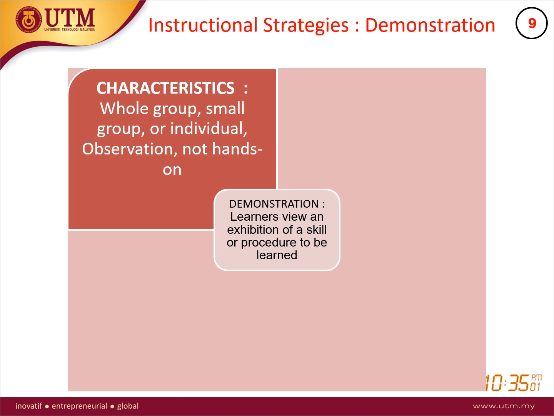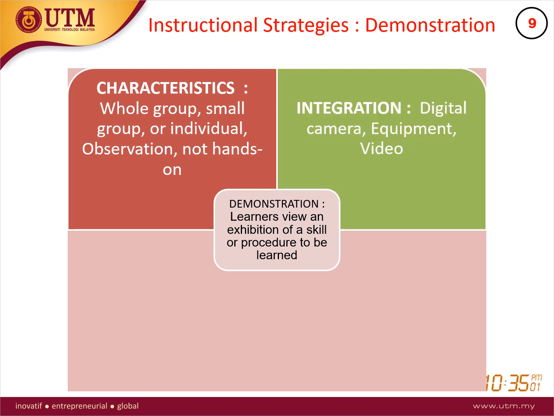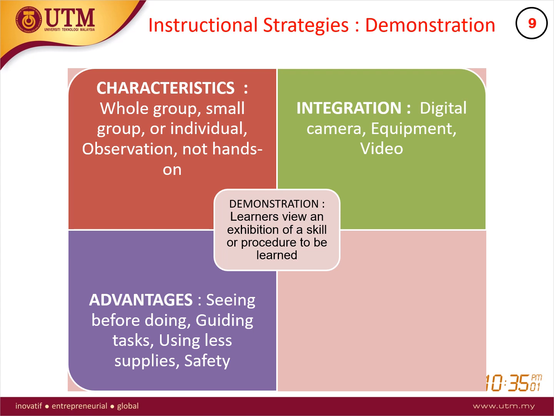What the students need to do is observe what you are doing, and then repeat you. What we can integrate in the demonstration process is digital camera, equipment, and video, because we need to shoot the teacher while demonstrating something, and then we could use this footage to repeat for the students if needed.